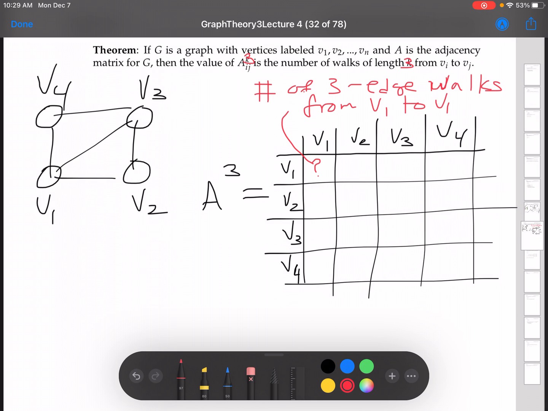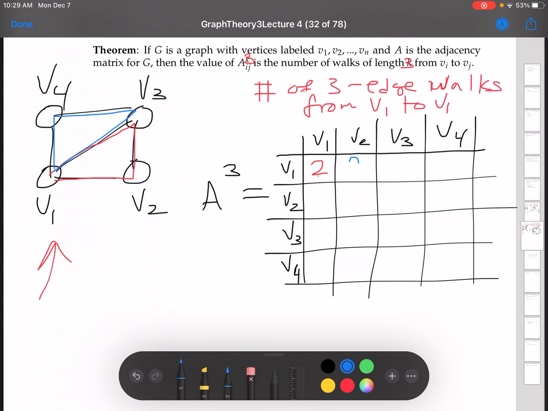If you start over here in our graph at V1, let's see how many different ways we can do a 3-edge walk and end up back at V1 itself. You could do this one. You could also do this one. Those are two 3-edge walks. So that's a 2 there.